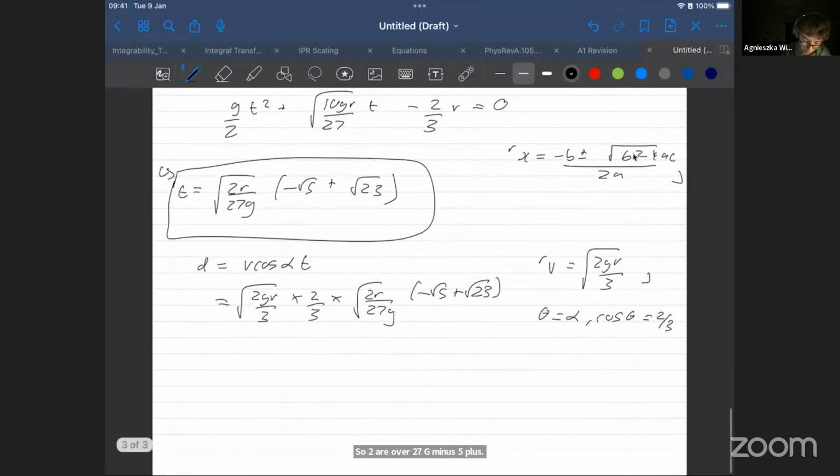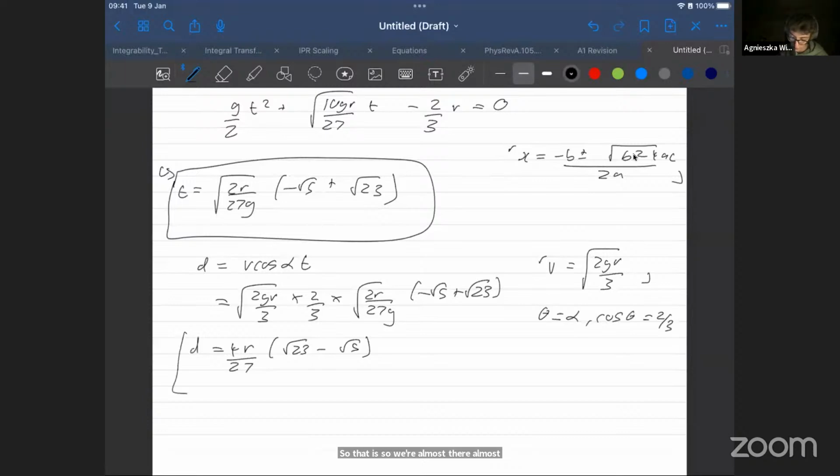And we get that our final solution for this distance, because we still have a bit more work to do, is going to be 4r over 27 times root 23 minus root 5. So we're almost there.